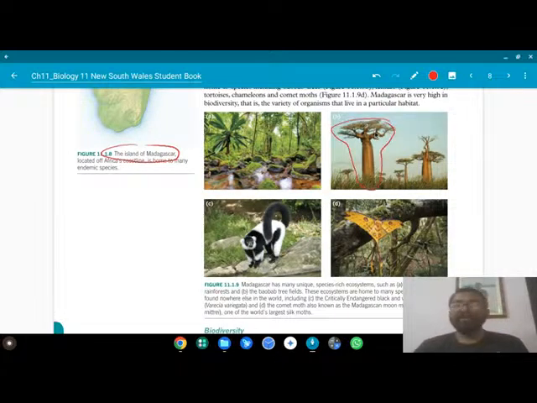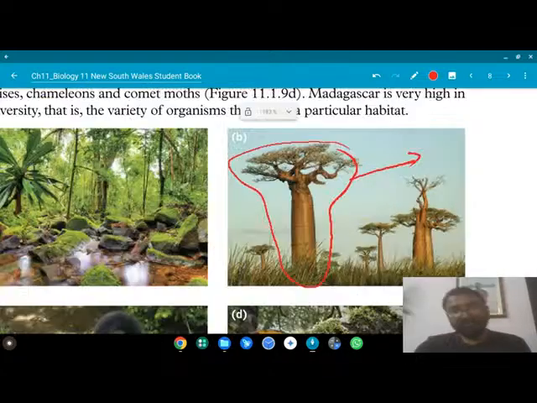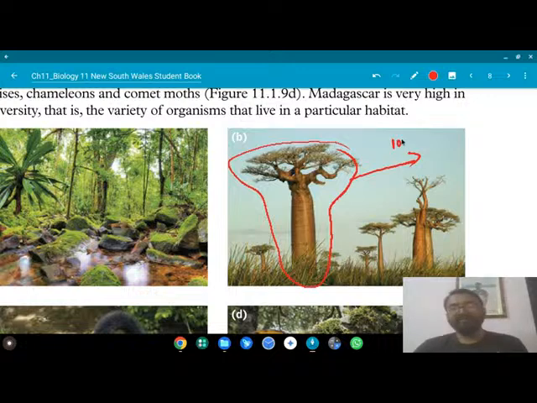Do you know the age of this tree? It's more than thousands of years old. No one removed that plant, so it's been growing for a thousand years.